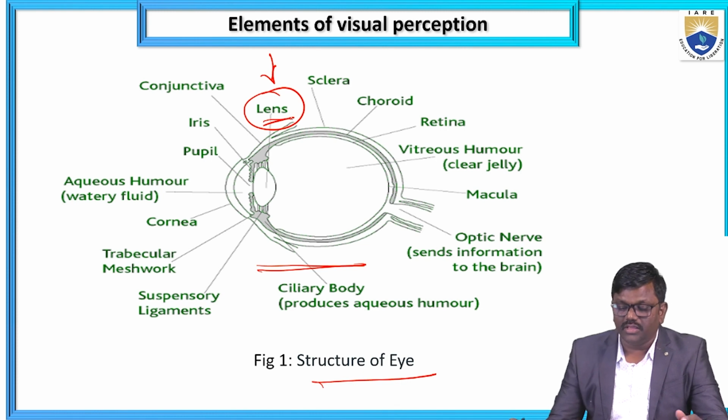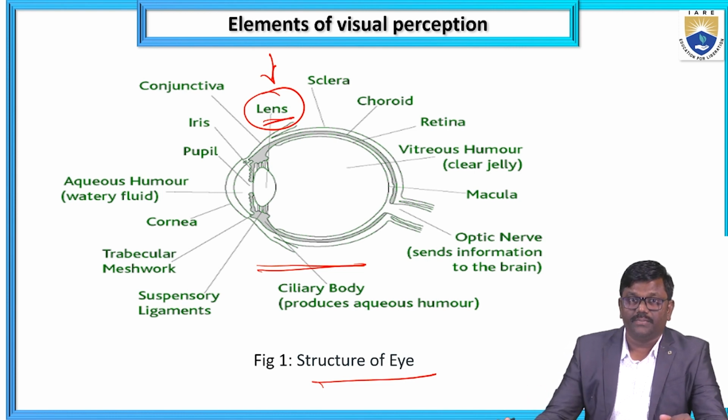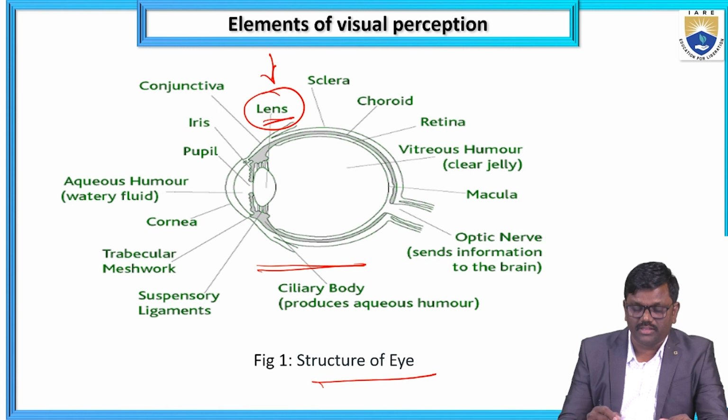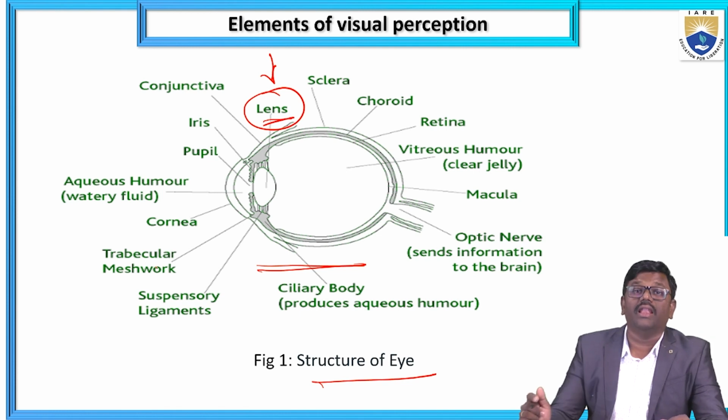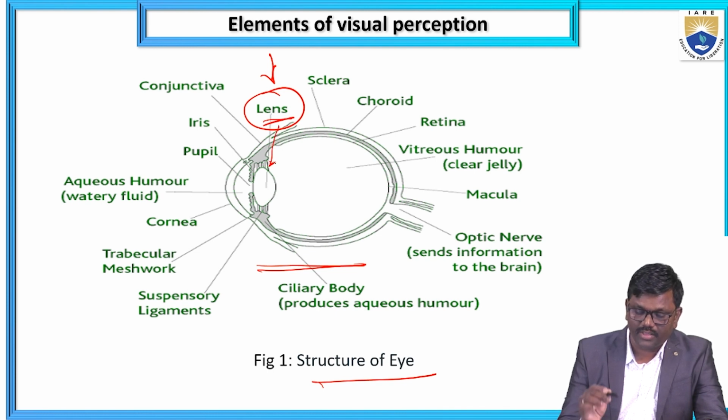So we can see, part by part, the elements of visual perception. As everyone may know, the structure of the human eye is constructed physically from one component to another. Let me start from the lens, which is this part. Next, sclera.